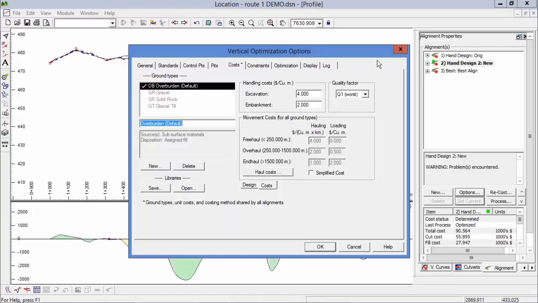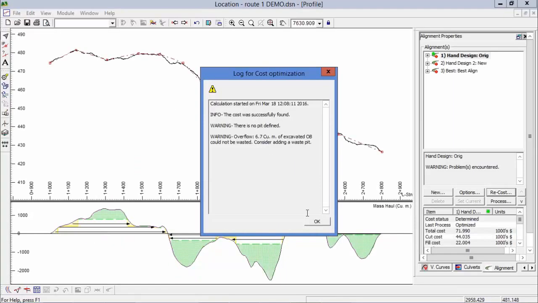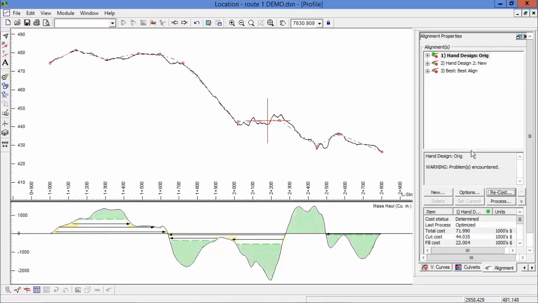So if I do that, let me come back to the first alignment here. I'm going to do a recost. I'm going to cost the alignment. So that's the answer. If I go in this panel here, I'm just going to increase the size of the panel a little bit.